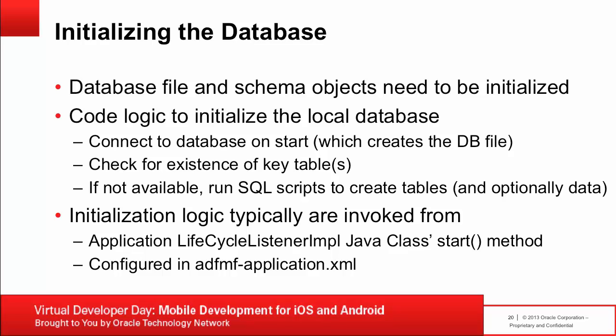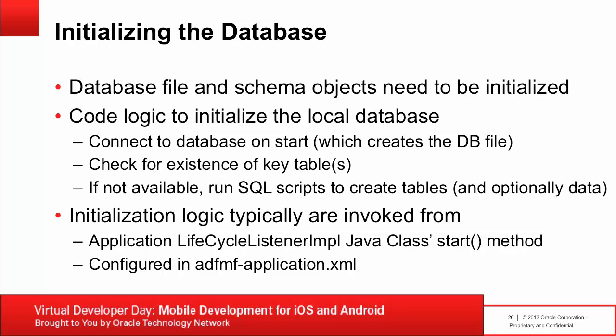Now, in order to use the SQLite database, the database file must be initialized by the application, as well as the schema objects such as tables. Typically, you will code the database initialization logic in the application lifecycle event listener implementation class. You will first try to connect to the database when an application starts. If the database file already exists, it will simply connect to the database.